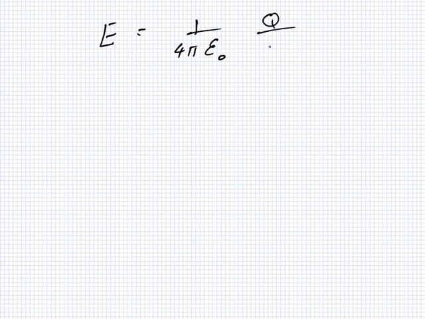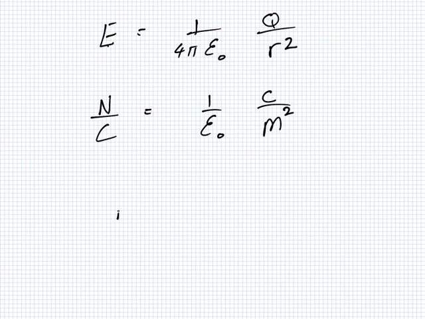The unit here is newtons per coulomb. Here we don't know the unit, and this is coulombs per meter squared. So I would get Newton meter squared over coulomb squared equals 1 over epsilon 0.